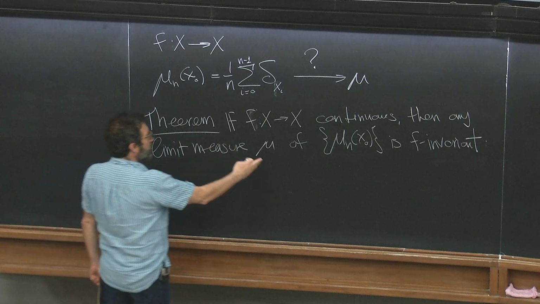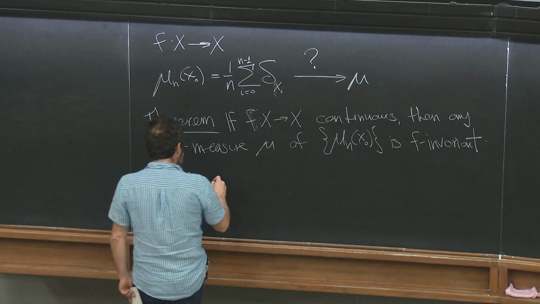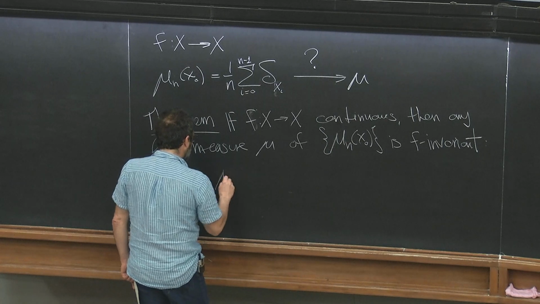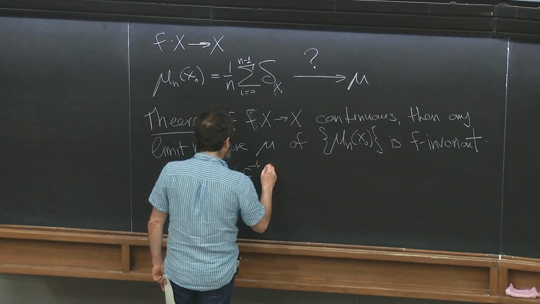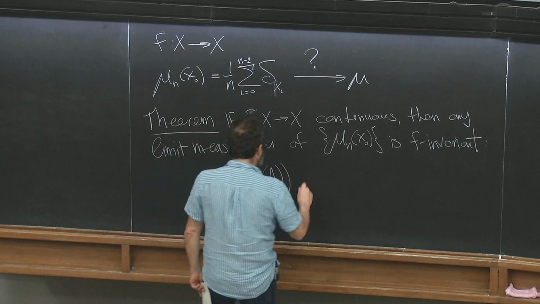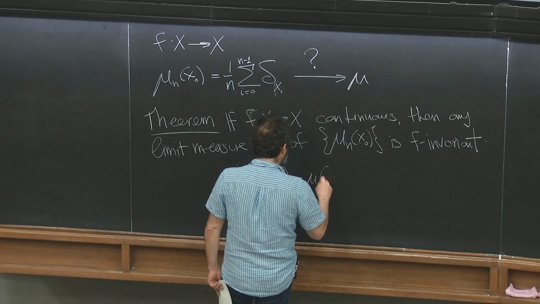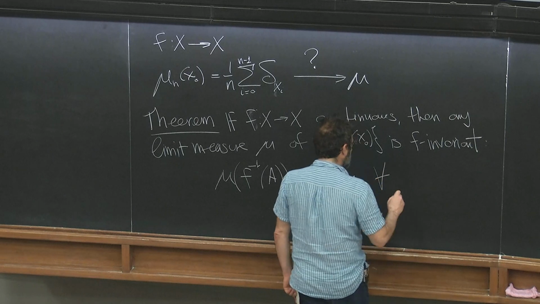So this measure mu has the property of being f invariant, and what this means is that the measure of the pre-image of any set A is exactly equal to the measure of A for all measurable sets A.